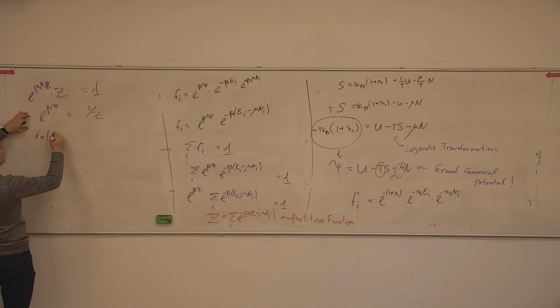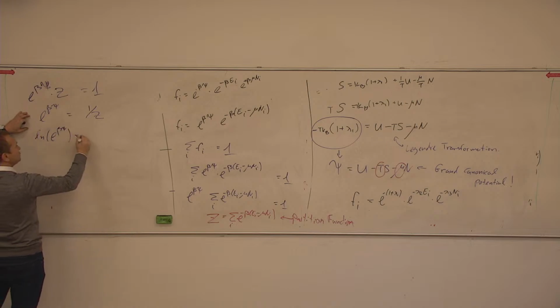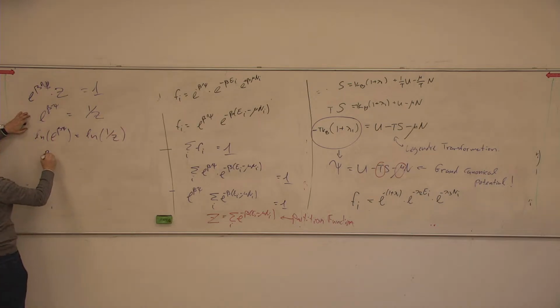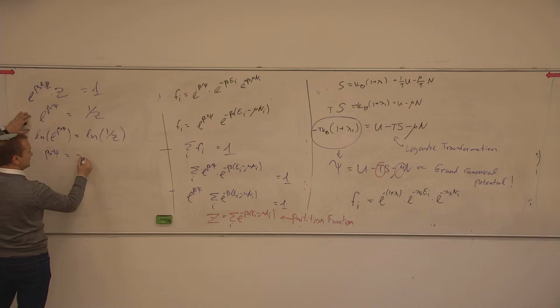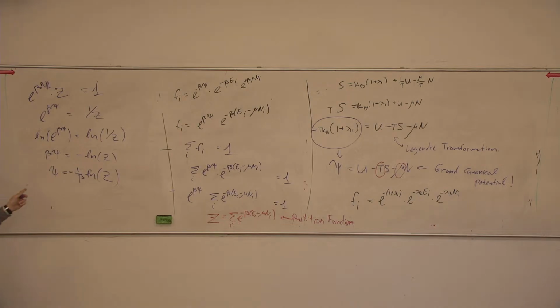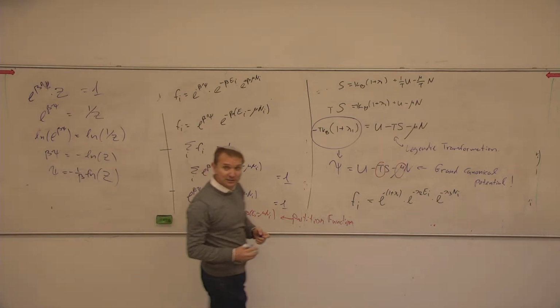So log of e to the power beta psi equals log of 1 over Z. Beta psi equals minus log of Z. Psi equals minus 1 over beta log of Z. This is the same definition as for the free energy.